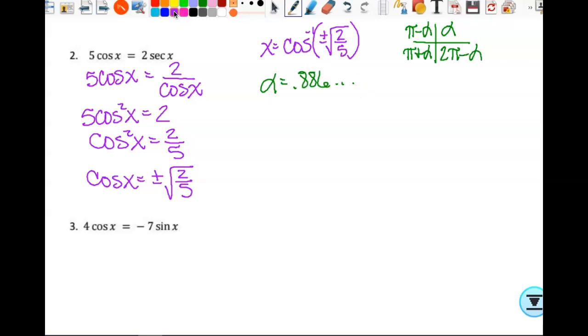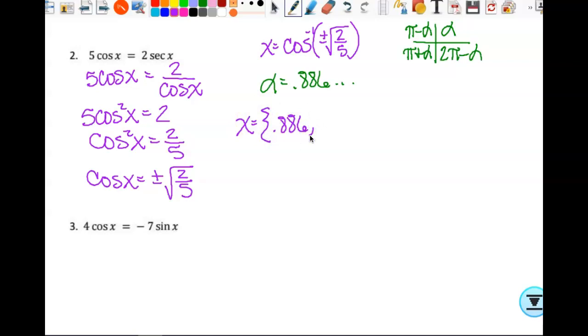So then I'm going to store it. Shift, recall, negative sign. So it should say answer with a little arrow to A, meaning that I stored it. And then I'm going to find the rest. Okay, so I know that for my first value, it is alpha. It's 0.886.